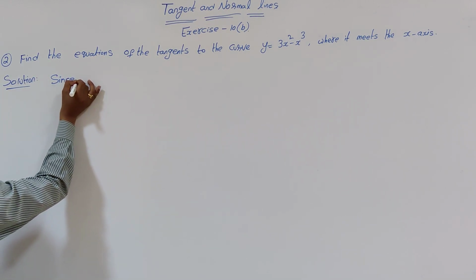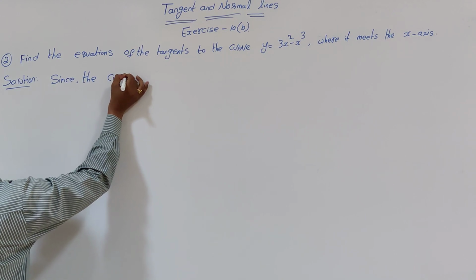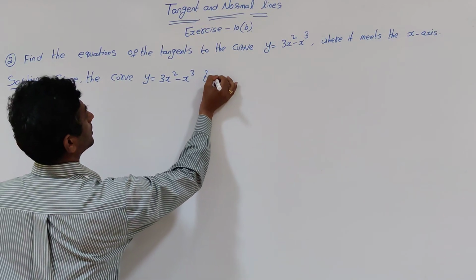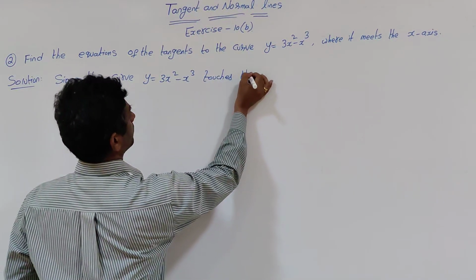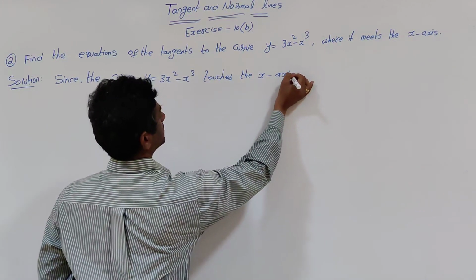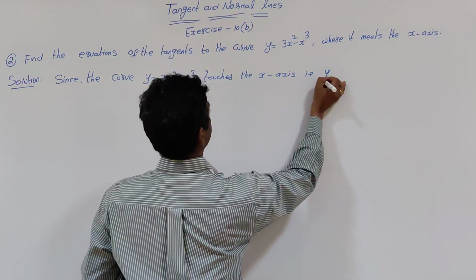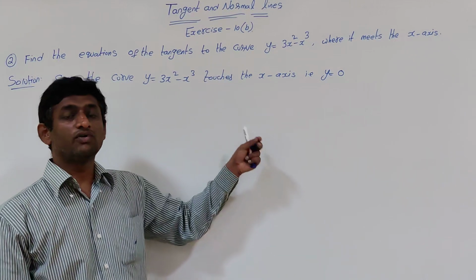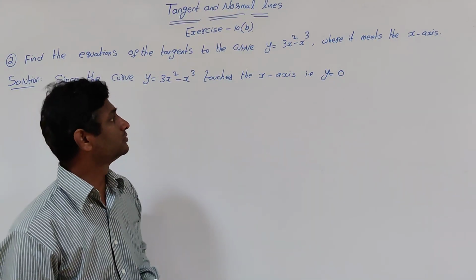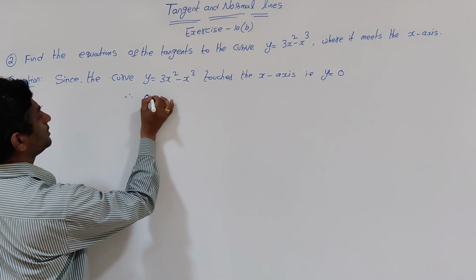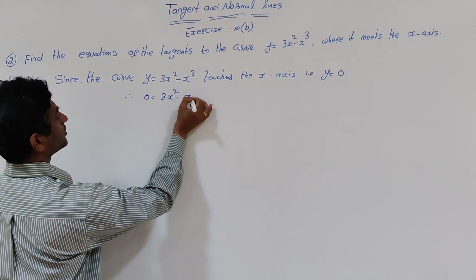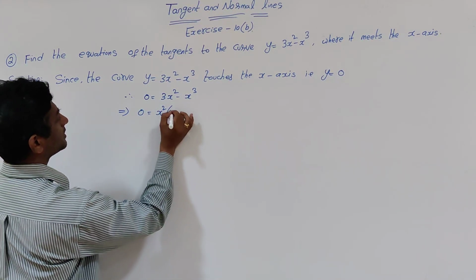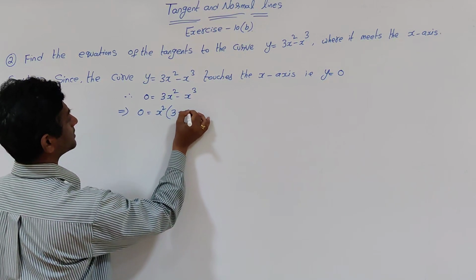Since the curve y is equal to 3x square minus x cube touches the x-axis, y will be 0. A point on the x-axis always has y coordinate 0. So substitute: 0 is equal to 3x square minus x cube, implies 0 is equal to x square times 3 minus x.